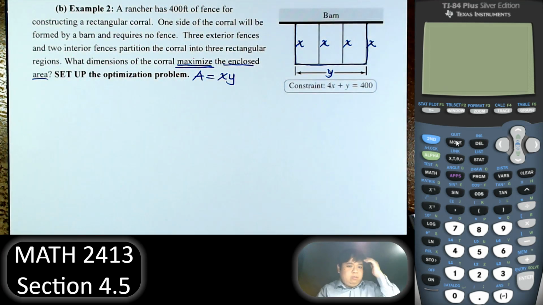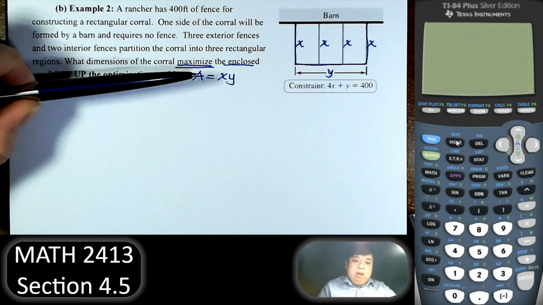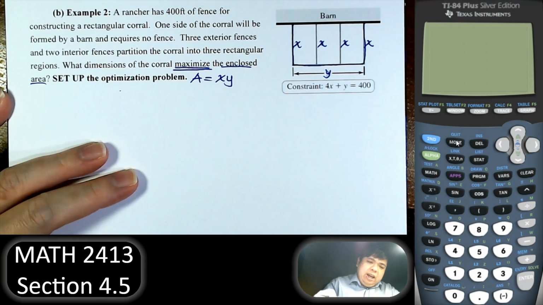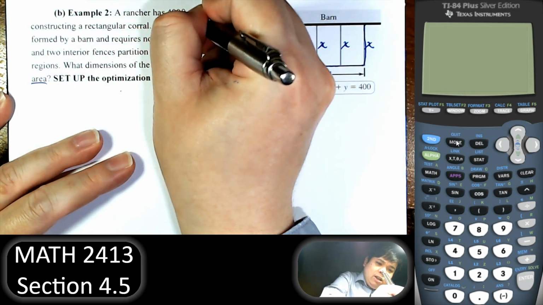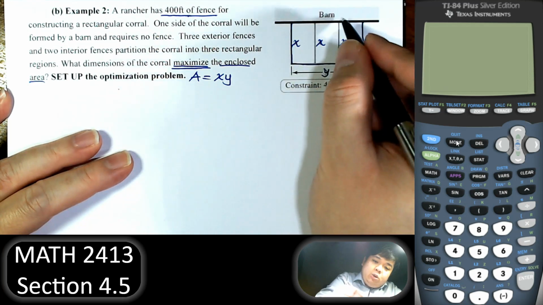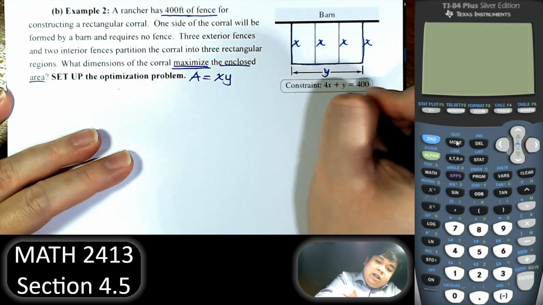So simple enough, right? Now, similar to the previous problem, we need to write everything in terms of one variable because this function has 2 variables. Now, we have 400 feet of fence, meaning that 4x plus y equals 400.